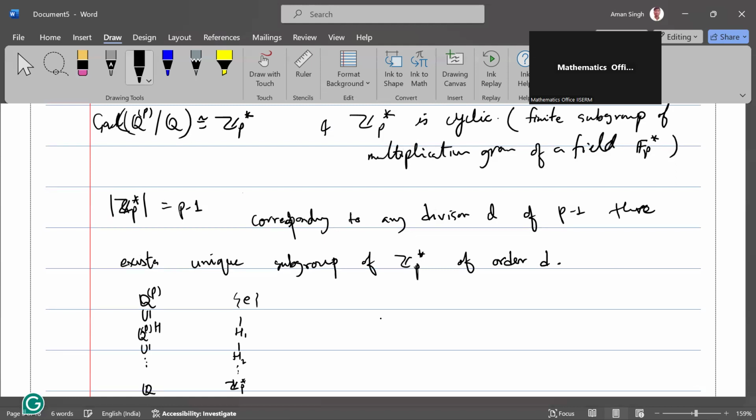Here we will have Q. Okay, such a kind of diagram, because corresponding to any divisor d, we'll have a unique subgroup. So correspondingly we'll have a unique subfield also. So the result follows from the Galois correspondence.